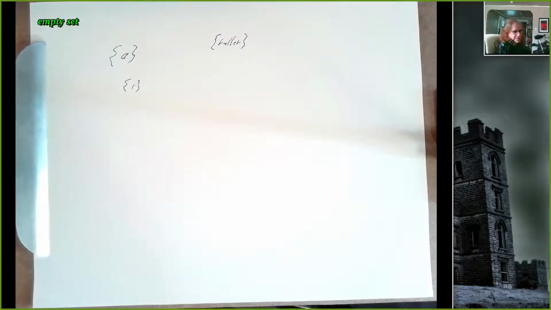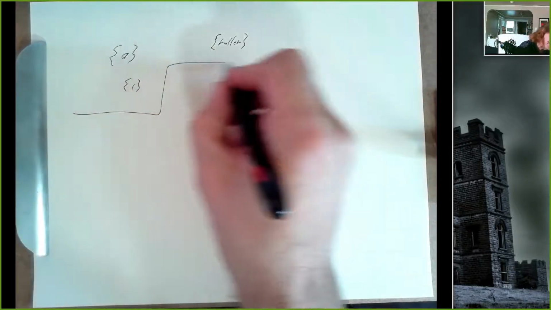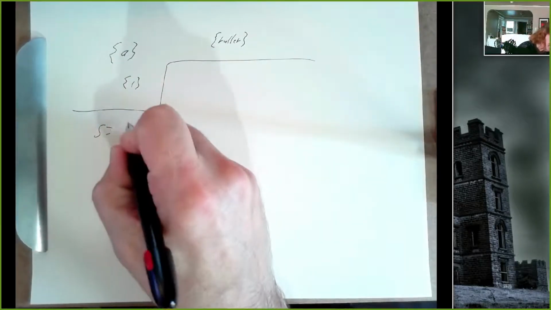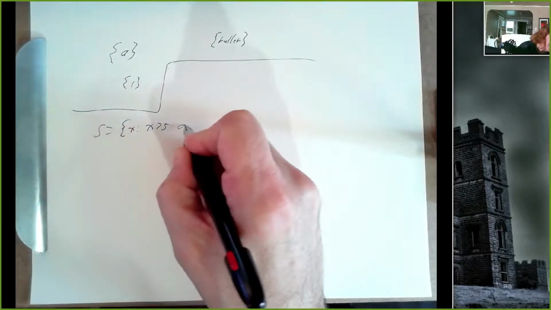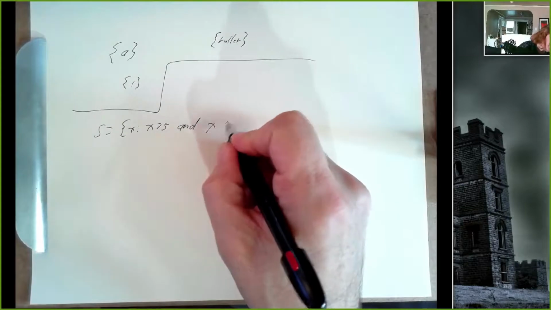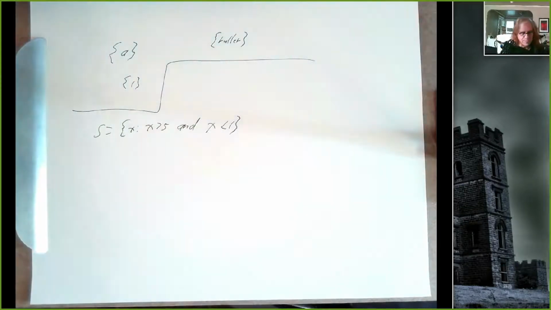A really special set is called the empty set. And here's an example of an empty set. S equals the set of all x, such that x is bigger than 5 and x is less than 1. So all the numbers that are bigger than 5 and less than 1. Are there any such numbers?